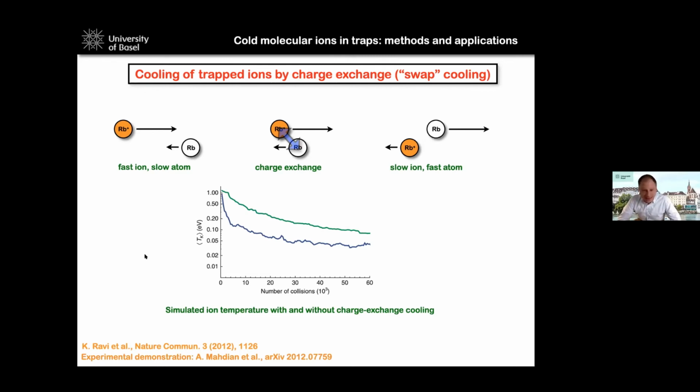And that is quite an intriguing cooling mechanism of ions that can happen in hybrid traps, which was first, I would say, discovered and also explored by our chairman, Sadiq Rangwala, now almost 10 years ago. The mechanism is as follows.